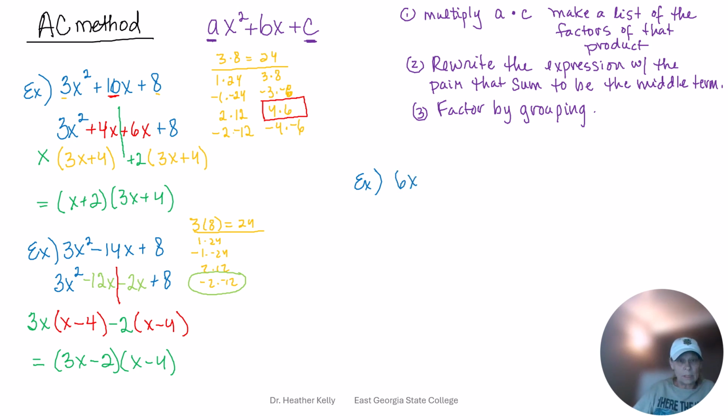One more, 6x squared minus 7x minus 5. Take a look at this. 6 times negative 5 is negative 30.